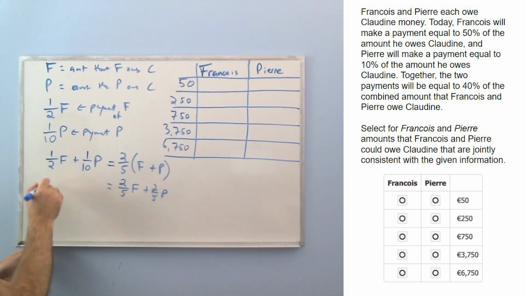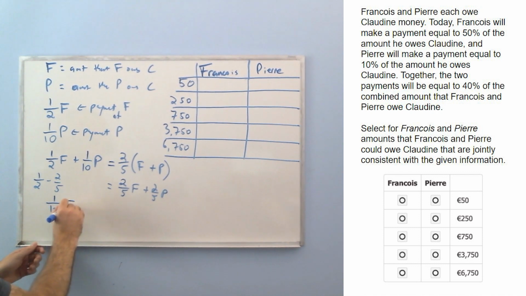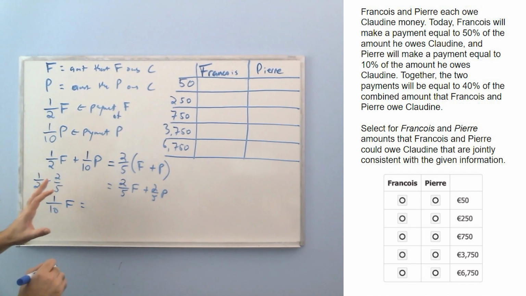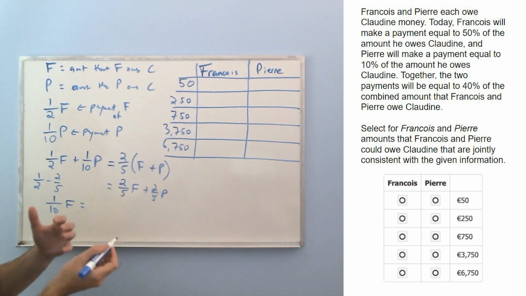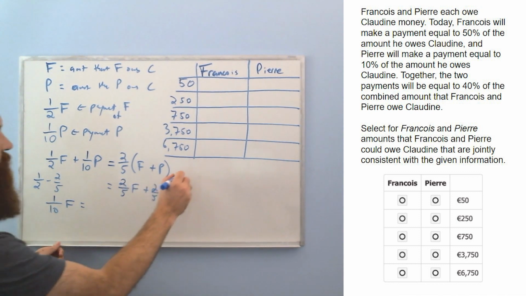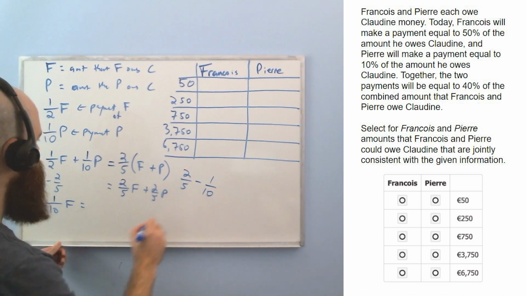So maybe I'll do 1/2 F minus 2/5 F. So that's 1/2 minus 2/5. Well, that's 5/10 minus 4/10. So I get 1/10 F on the left-hand side. And I'm going to do 2/5 P minus 1/10. Let me write that out, make sure I don't make a mistake. 2/5 minus 1/10.